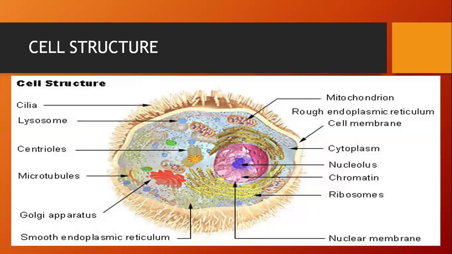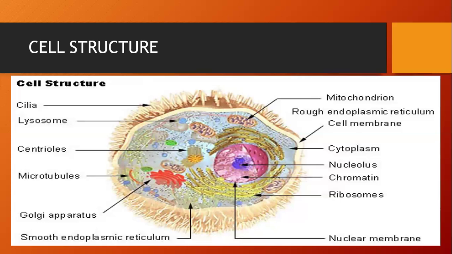Now, if you look at the diagram, you are going to locate the nucleus and the cytoplasm. Now, the nucleus is what is carrying the genetic information of that particular cell. Then the cytoplasm is a jelly-like structure. As you can see, the blue coloration in this diagram is the cytoplasm. So this cytoplasm, what is its function?